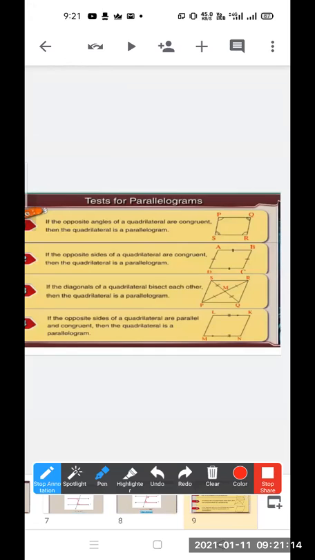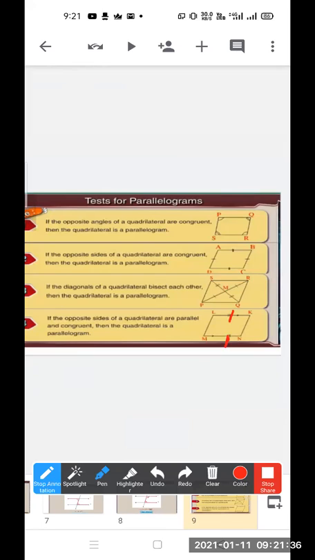In quadrilateral KLMN, the opposite sides KL and MN, if they are parallel as well as congruent, then the given quadrilateral is a parallelogram.